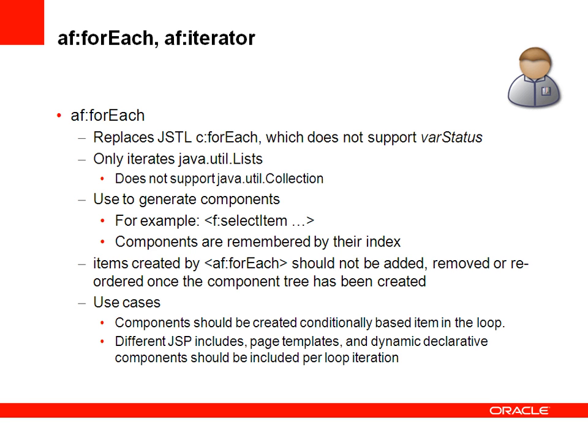And that can be very confusing if you rely on the index as an identifier for a specific component so that you can directly access it, because after the first change in the printed components on the page, this is all messed up. For this reason, items that you create for AF for each should not be added or removed or reordered in any way.